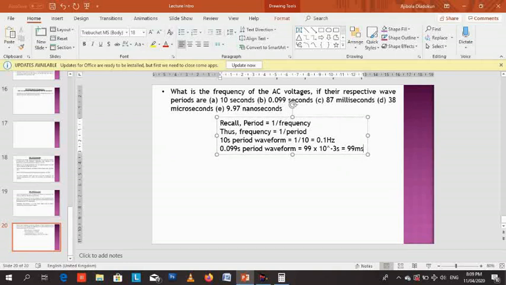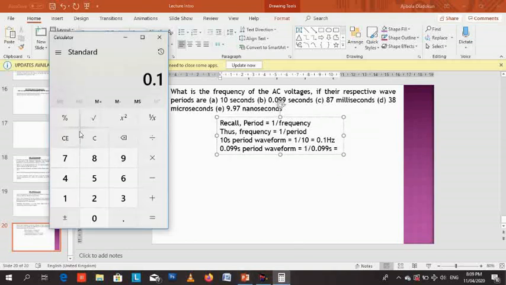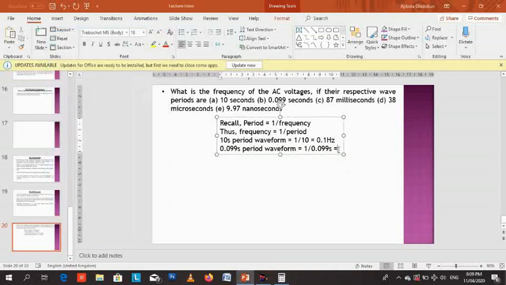So it takes the signal 99 milliseconds to have one complete cycle. But we don't actually need it in milliseconds. We need it in seconds, so we use 0.099 seconds and find the reciprocal while it's still in seconds. So 1 divided by 0.099 seconds gives 10.10. That is our frequency: 10.10 hertz.